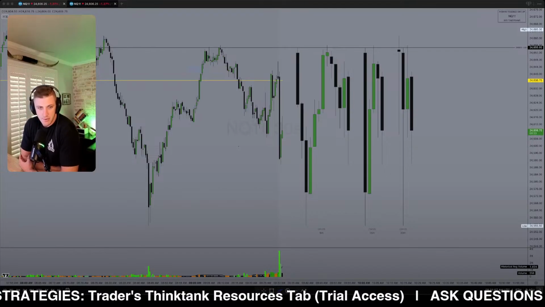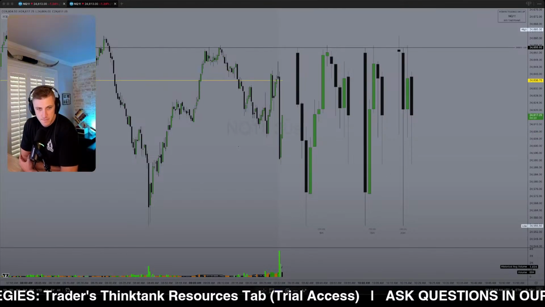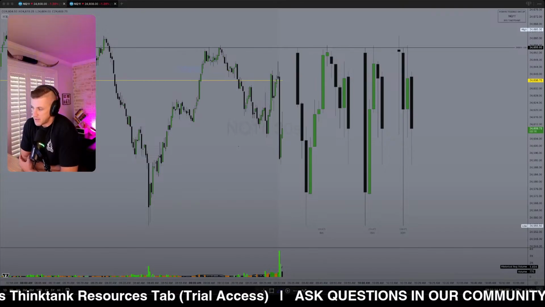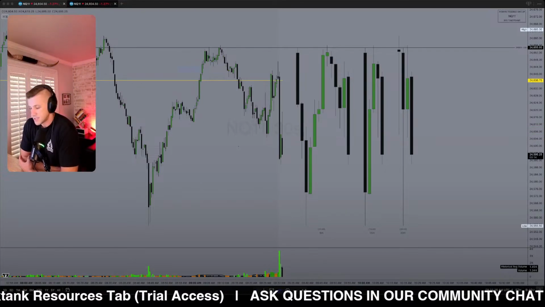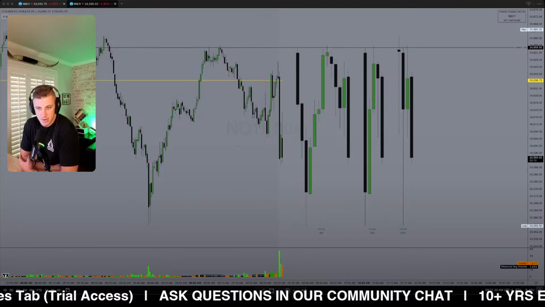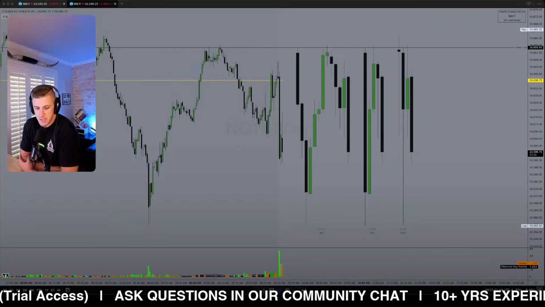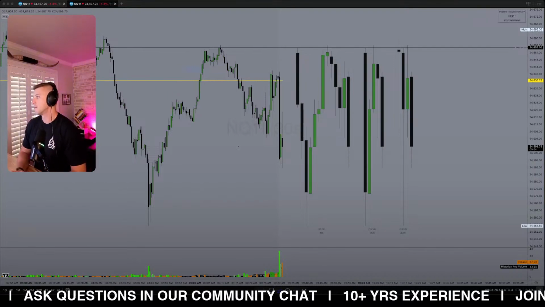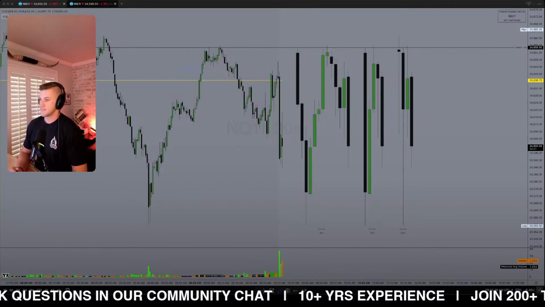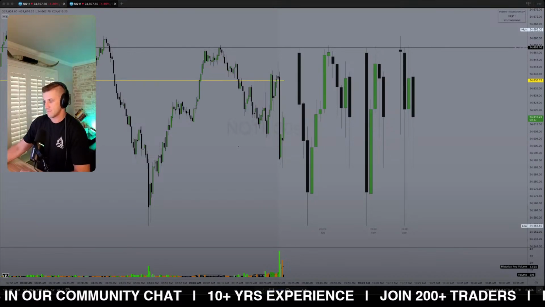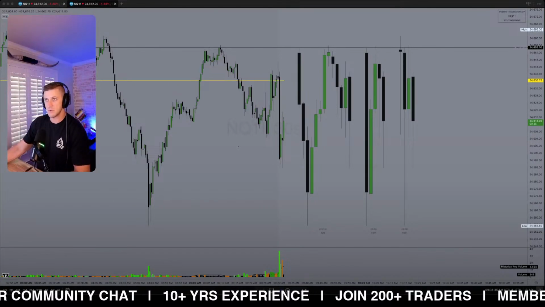Otherwise, they're just going to get blown out, because the setups will be there. It's just that the risk point is going to be much wider. It doesn't mean you can't take the trade. It just means you need to account for the risk. That's how I view it. Glad to hear that's helping you, Gabe.